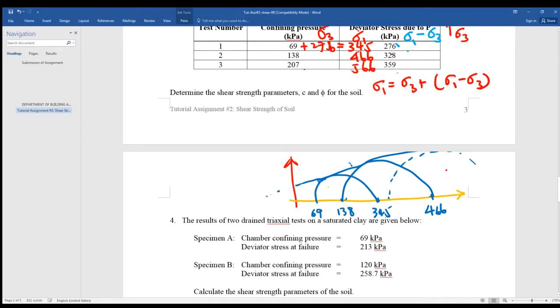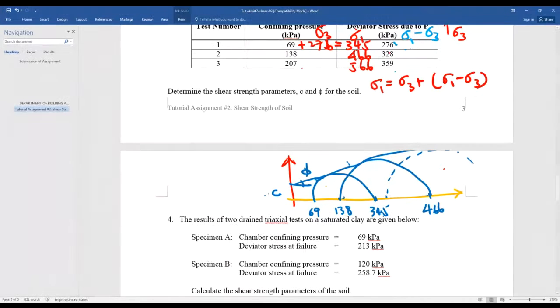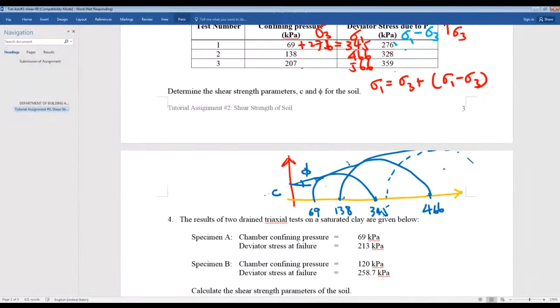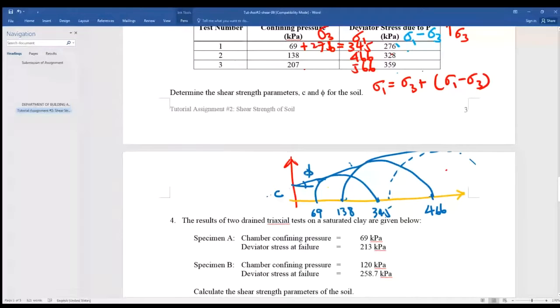So you can work out c and phi. By performing tests 1, 2, and 3 with different confining pressures and different deviator stresses, you get 3 specimens that eventually fail. So you get the 3 Mohr circles here. And then by the 3 Mohr circles, you can draw the Mohr-Coulomb envelope to obtain your cohesion and the angle of internal friction.